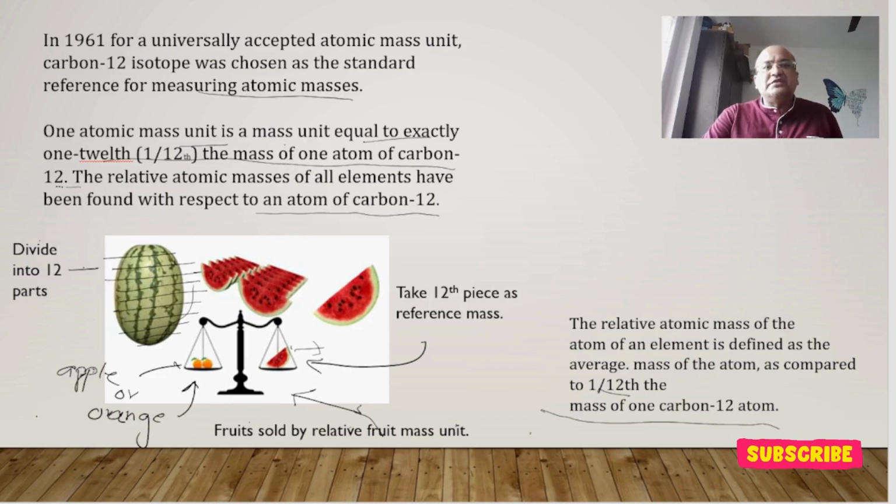The relative atomic masses of all the elements have been found with respect to an atom of carbon-12. Therefore, the relative atomic mass of an element is defined as the average mass of the atom as compared to 1/12 the mass of one carbon atom.